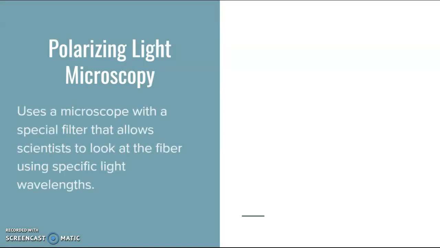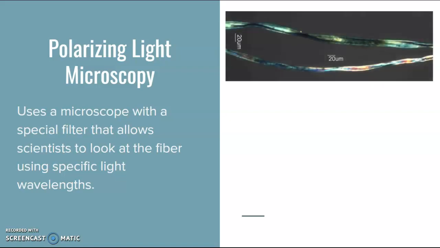This type of microscopy uses a microscope with a special filter that allows scientists to look at the fiber using specific light wavelengths. So here's an image of two different strands of cotton. Both of them have the spiraled appearance, but they have different wavelengths or different colors that reflect from them, meaning they're two pieces of cotton that came from different sources.